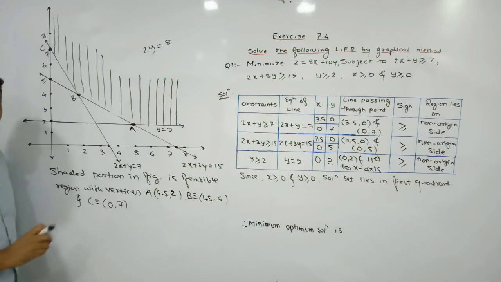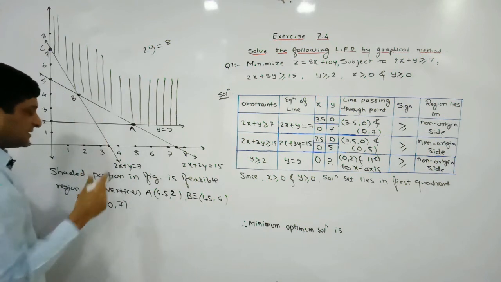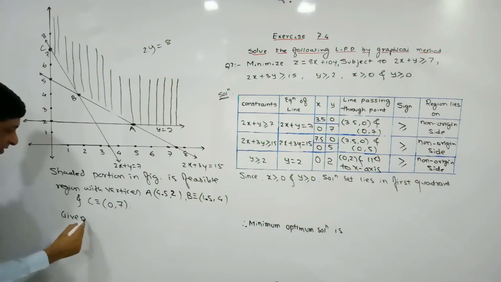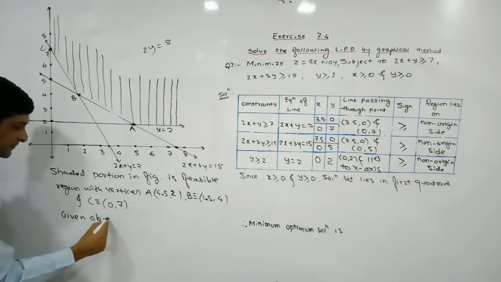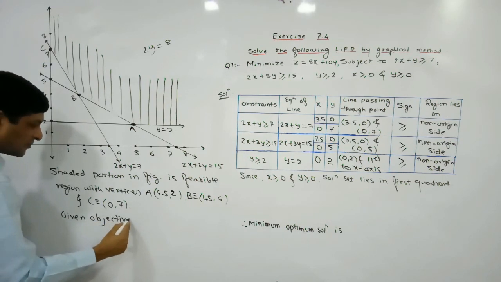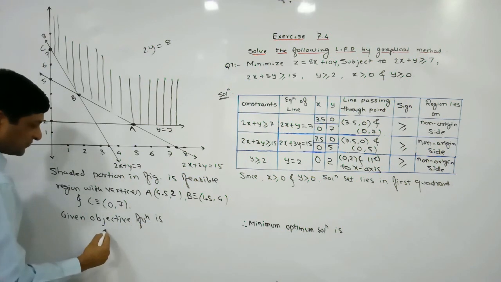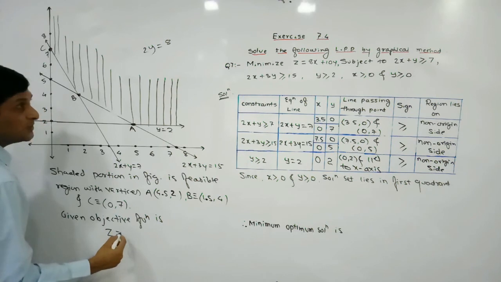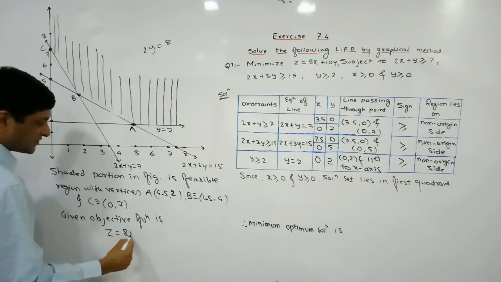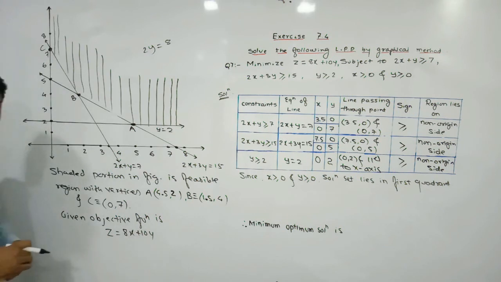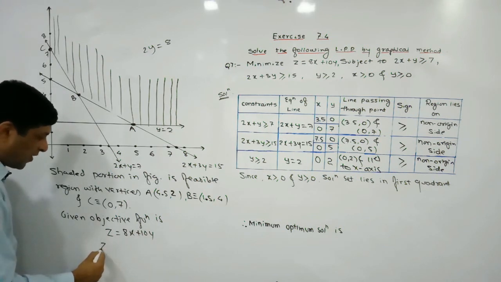Once the coordinates of all the vertices are known to us, consider the given objective function. What is the given objective function? Z equals 8x plus 10y. Now we are trying to find the value of this objective function at all our vertices.